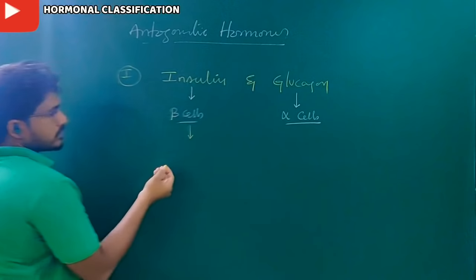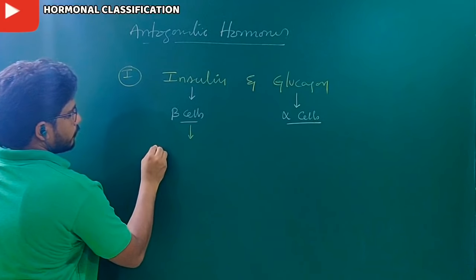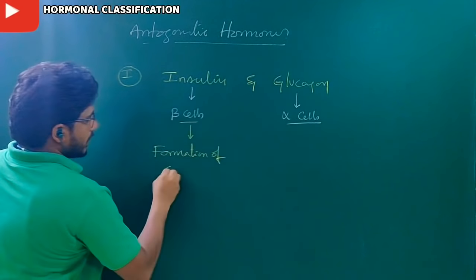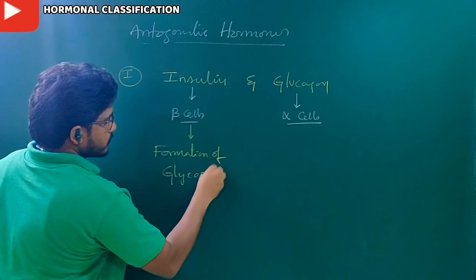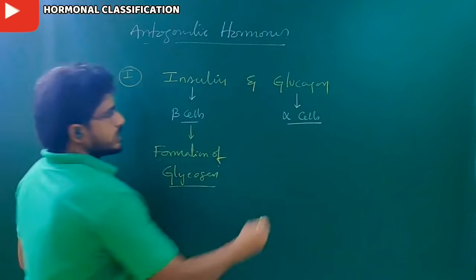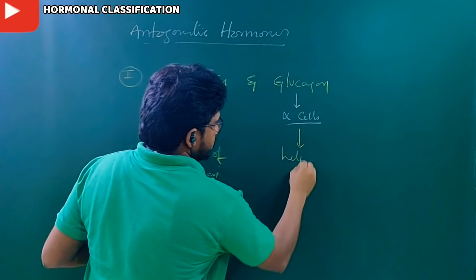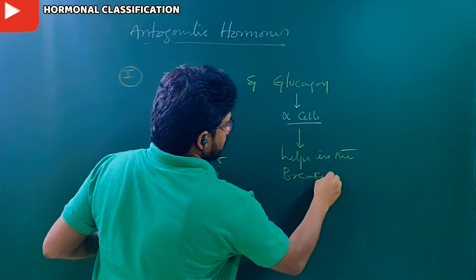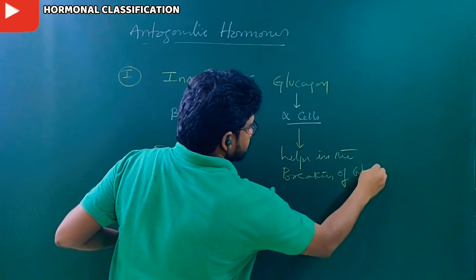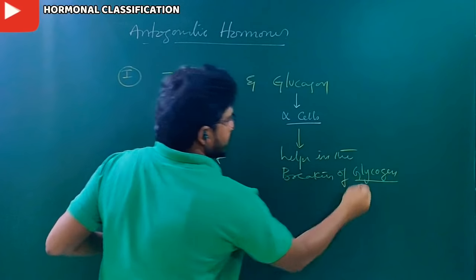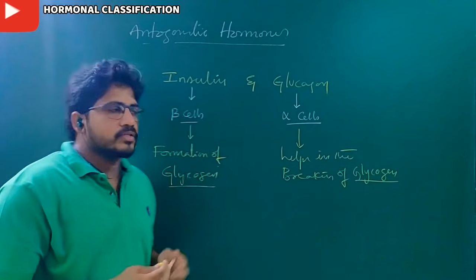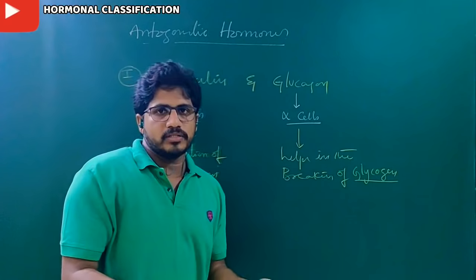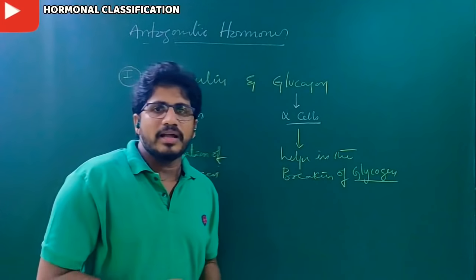But insulin helps in the formation of glycogen in the liver, whereas glucagon helps in the breaking of glycogen. Understand? Which hormone helps in the formation of glycogen? Insulin. Formation means it creates the glycogen. Glucagon breaks the glycogen. That's why these two are called antagonistic hormones.